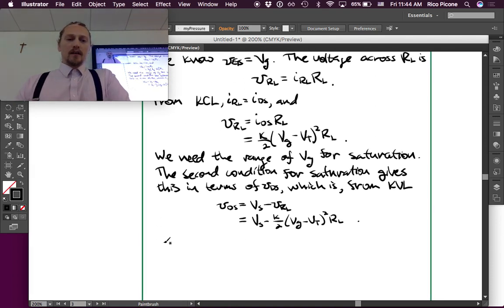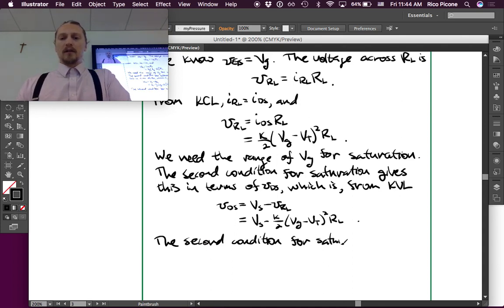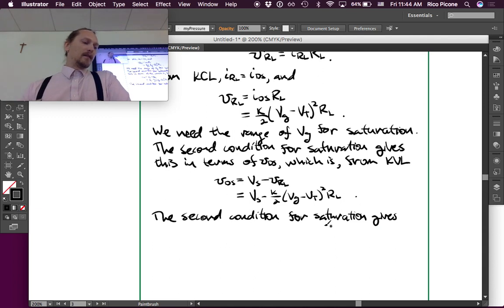So the second condition for saturation, the difficult one to deal with, gives that VDS has to be greater than or equal to VGS minus VT.